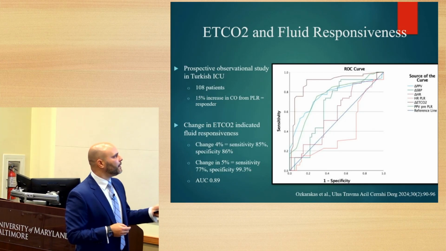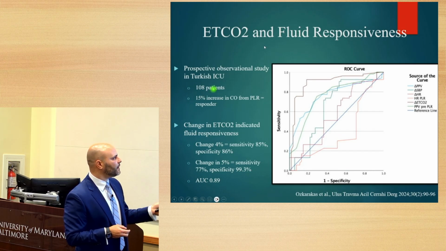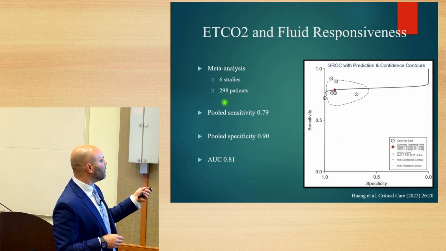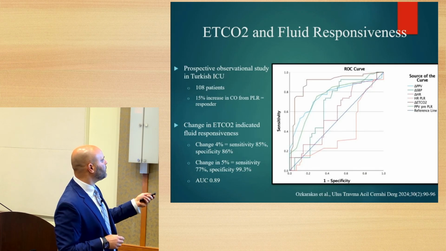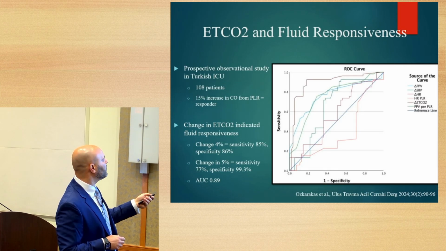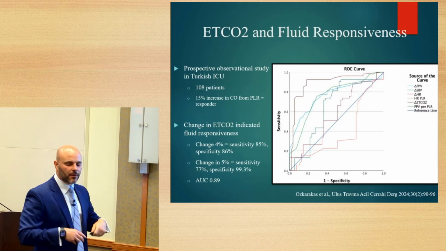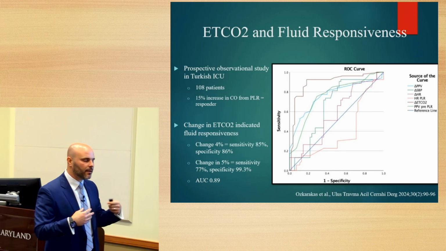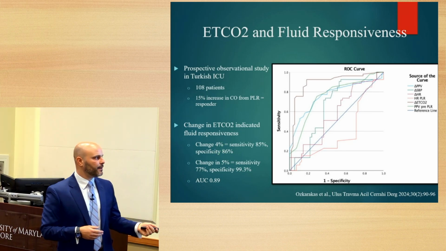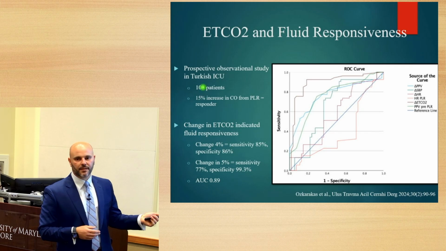All right. And this is another study done in the Turkish ICU. So in Turkey, very similar. They took 108 patients and said that if there was a 15% increase in cardiac output, they were fluid responding. If the end tidal changed 4%, you had specificity and sensitivities in the 80s.